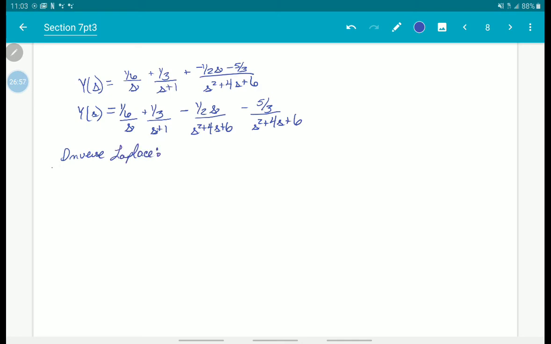So now let's take the inverse Laplace. If I'm going to write this step out, it's going to look like this. I'm going to go ahead and factor those constants out.